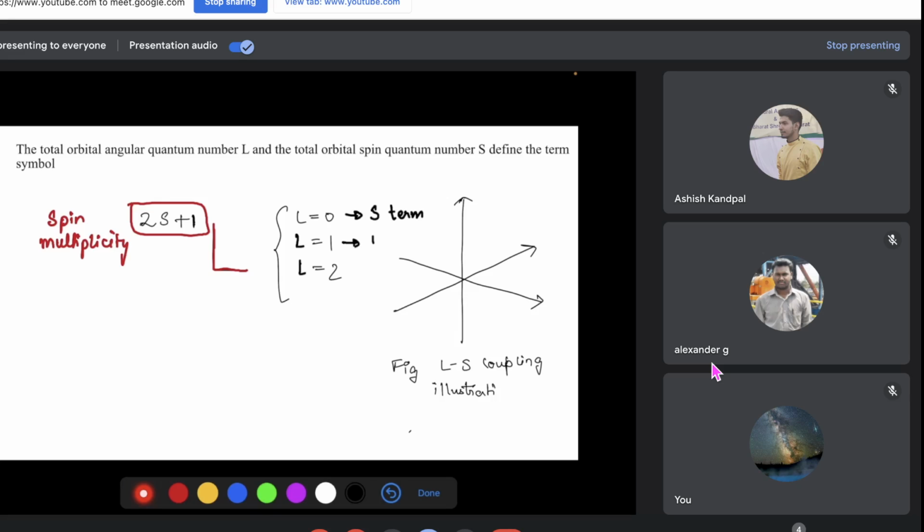If it is 1, then it will be P. If it is 2, then it will be D. If it is 3, then it will be the F term.